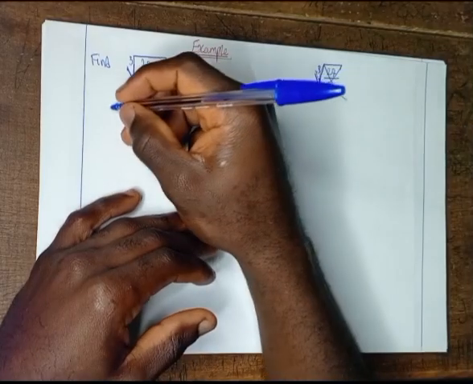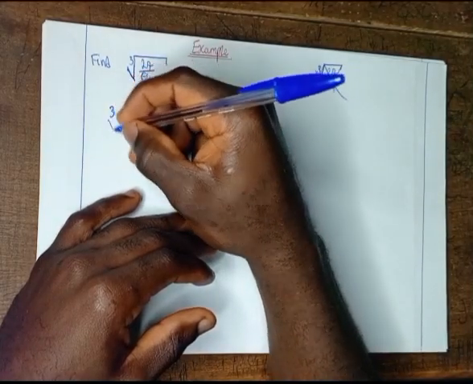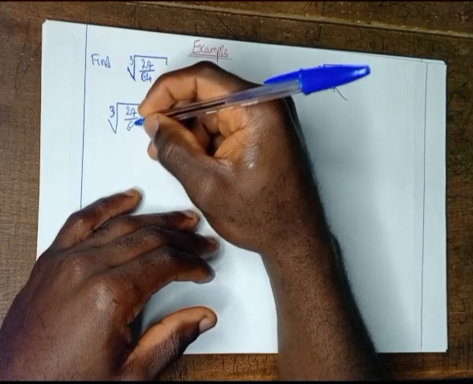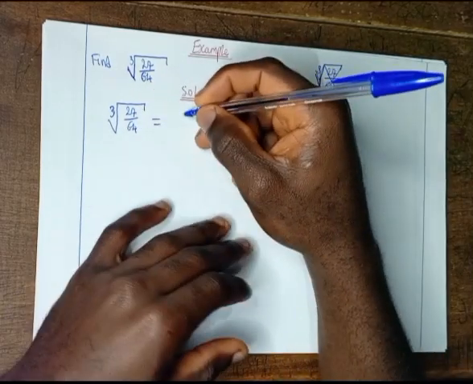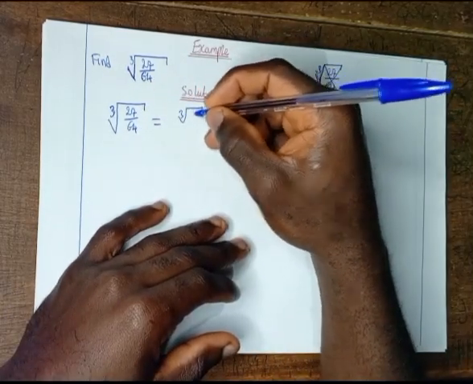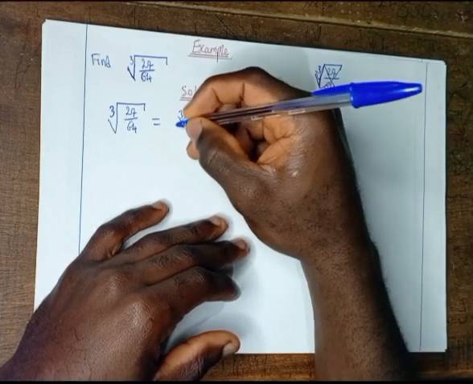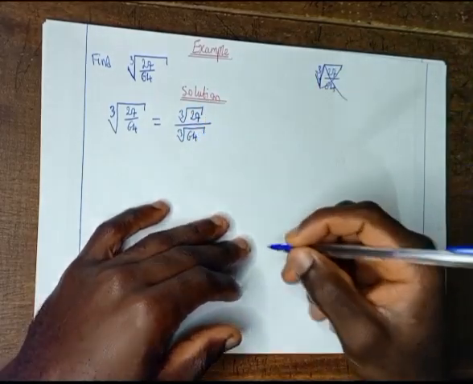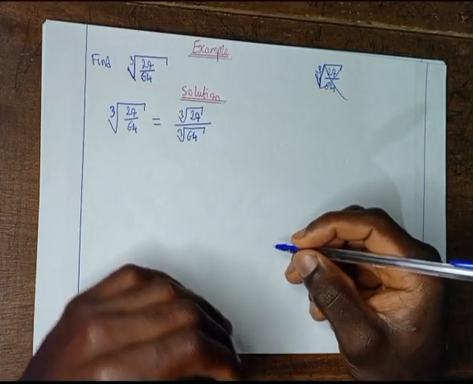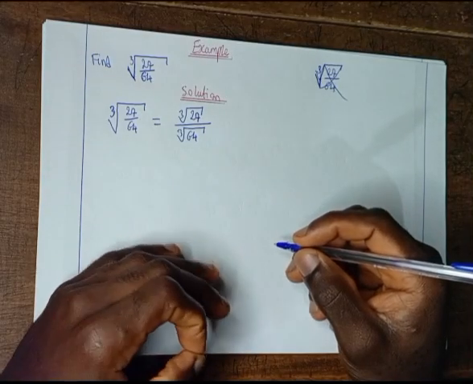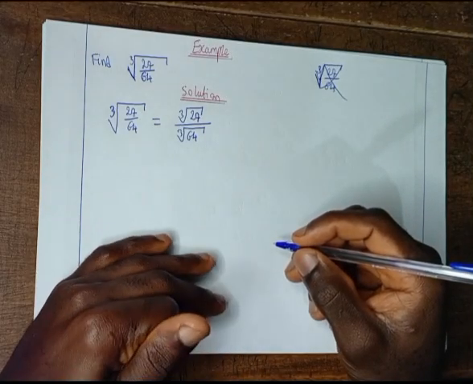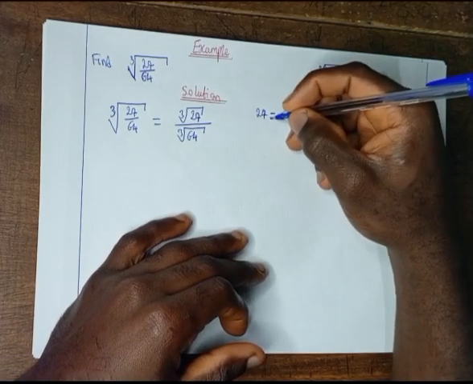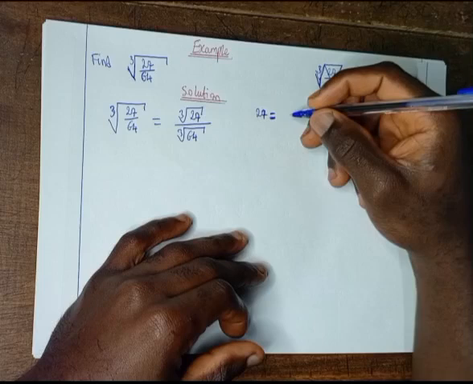So now we know the cube root of 27 over 64 is the same as the cube root of 27 all over the cube root of 64. Now we need to find the cube root of 27 and the cube root of 64. So if you take 27, let's do the prime factorization of 27.